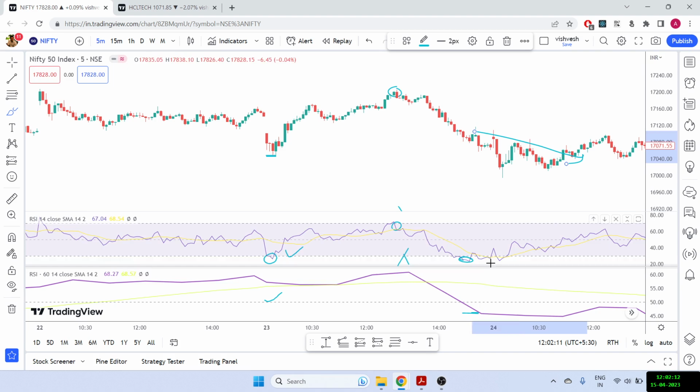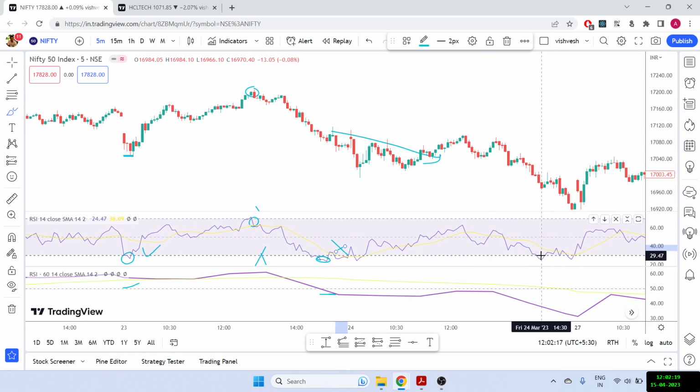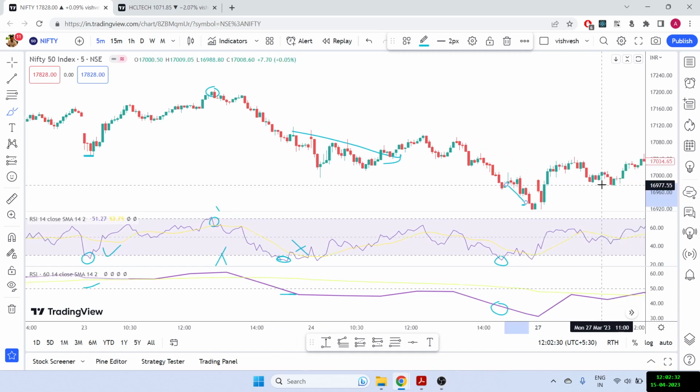So it's good that we skip the trade. Let's see if we get any other entries. We will again be skipping this trade because RSI on the 60-minute time frame is below 50. So I can only go for selling trades. This is giving me a buying, so I will be skipping this trade, and you can see the market still went down. So if we would have bought it, our stop loss would have got hit.